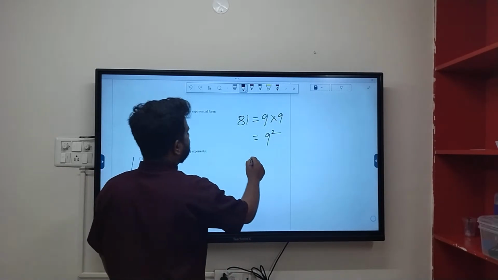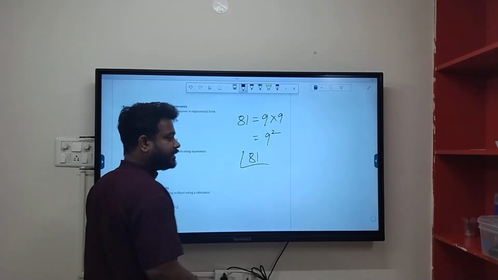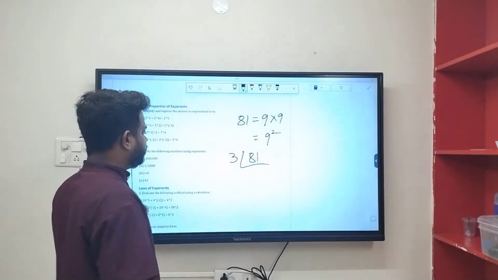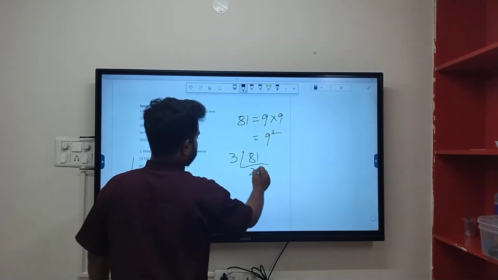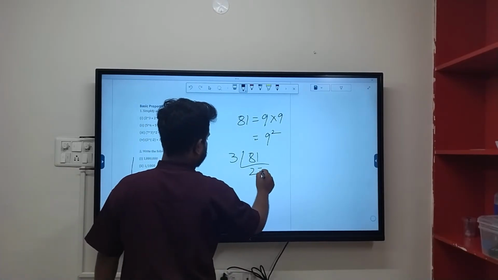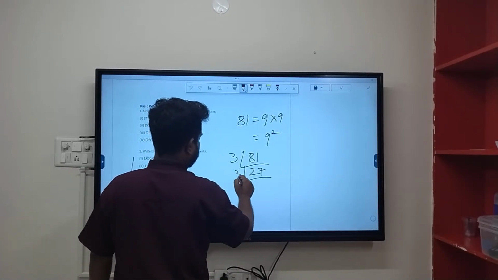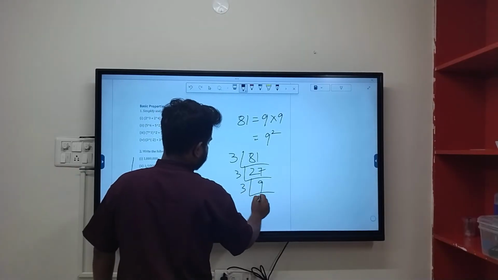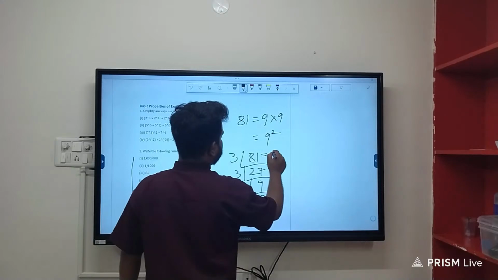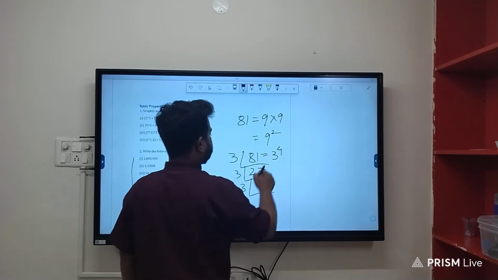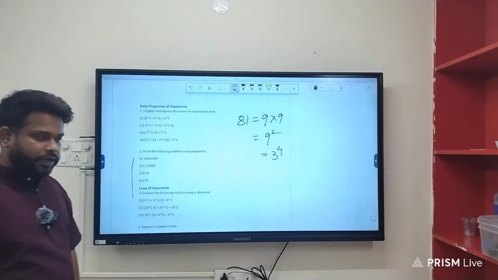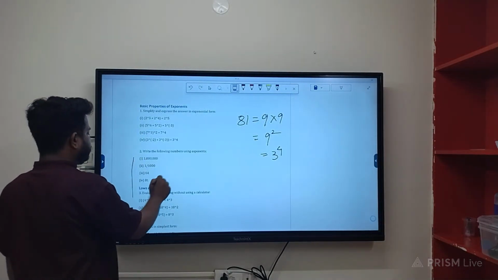And if I tell you to express 81 as a power of 3, we just divide 81 by 3 repeatedly. So 81 can be written as 3 to the power 4 as well. Okay, so these 4 questions are done.